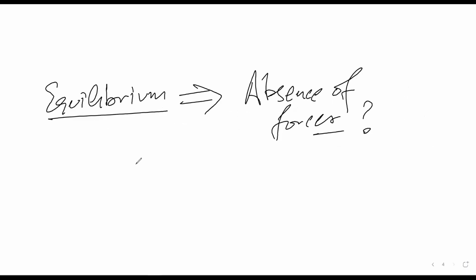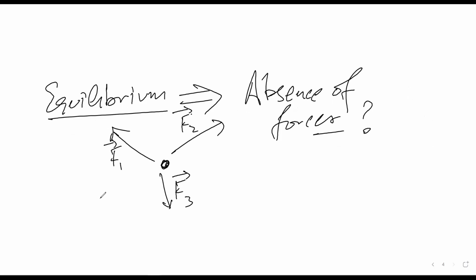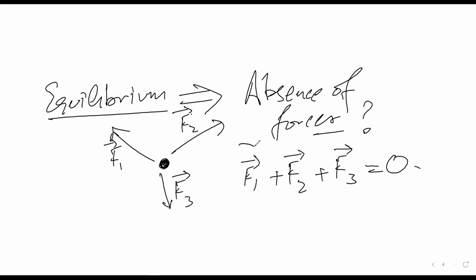No. This ball can be in equilibrium though there would be three forces acting on it. Have you understood the concept or not? So this ball might be in equilibrium, but does it imply that there are no forces acting on it? No, that is not the case. What it implies is that the resultant of the three forces is equal to 0. Are we clear now?